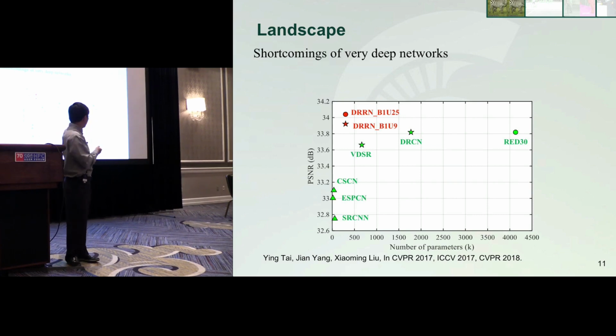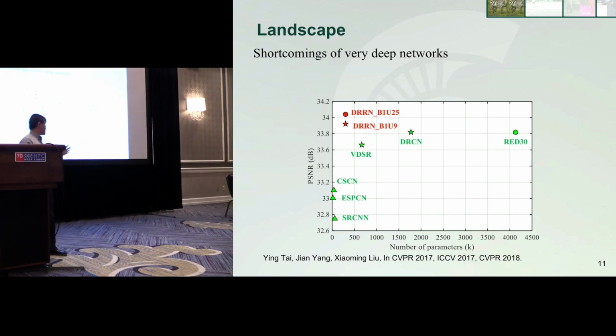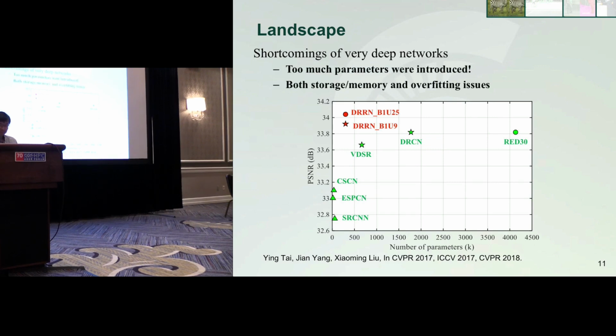Compared to other approaches, our method, the 2 red dots, has higher PSNR, especially with a lower number of parameters, which is very important to run the system efficiently in real-time systems.